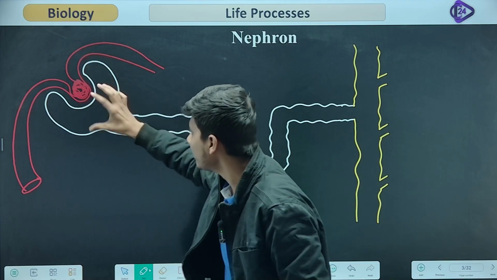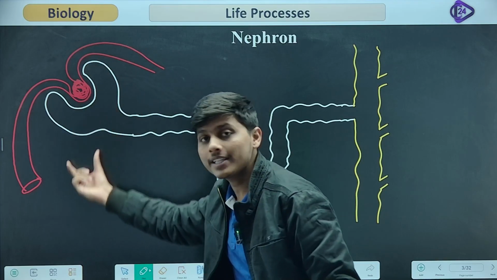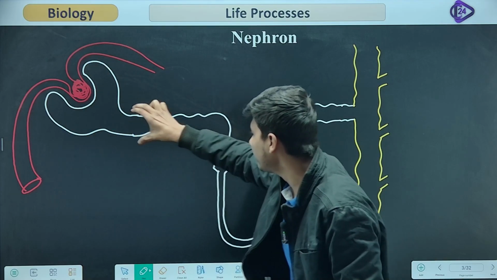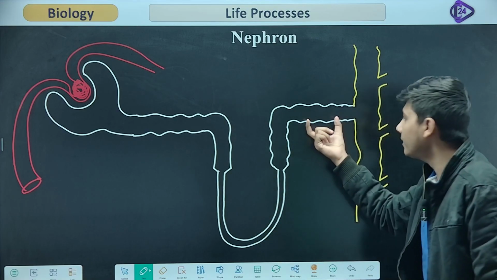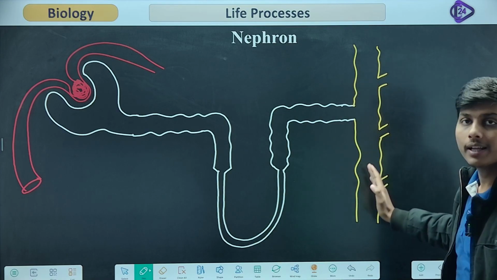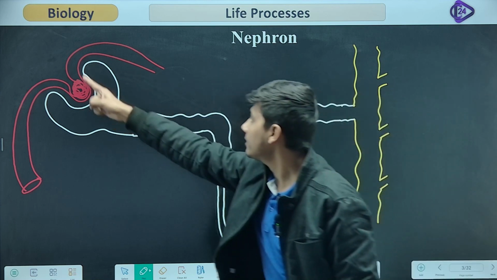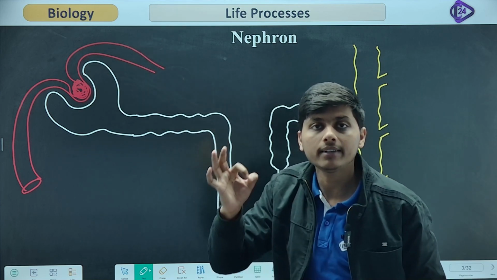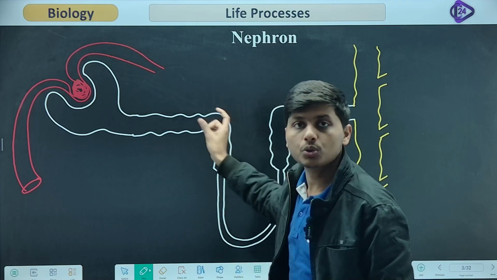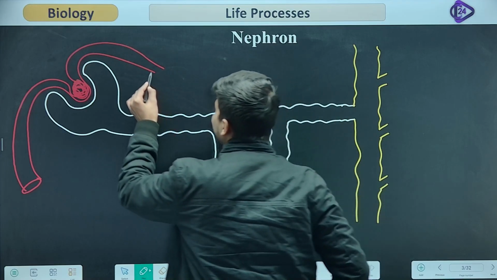This is the glomerulus. This is the renal capsule, which is called Bowman's capsule. This structure is PCT. This structure is called the loop of Henle. This is called DCT, and this is called the collecting duct. And this artery which is exiting from the nephron is called the efferent arteriole, which continues to form the peritubular capillaries.